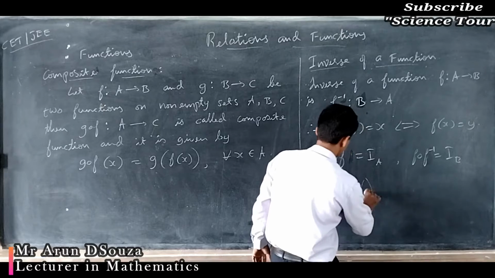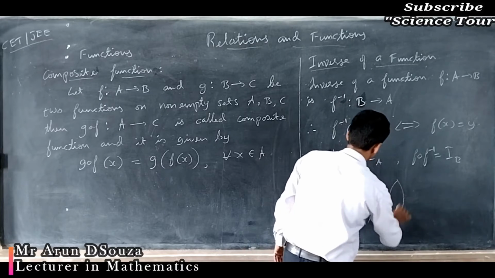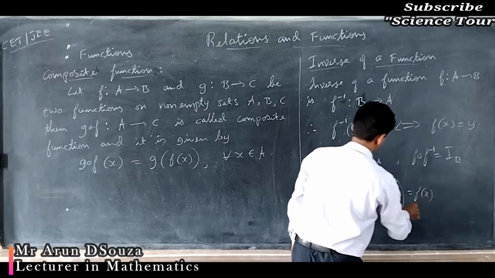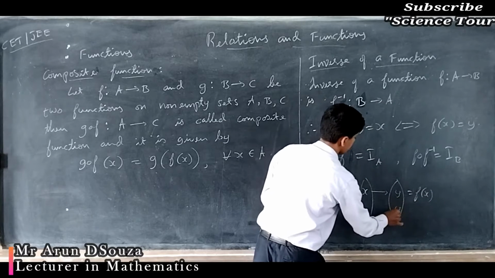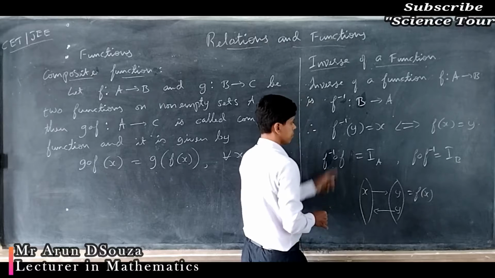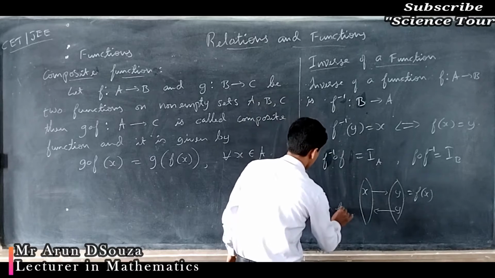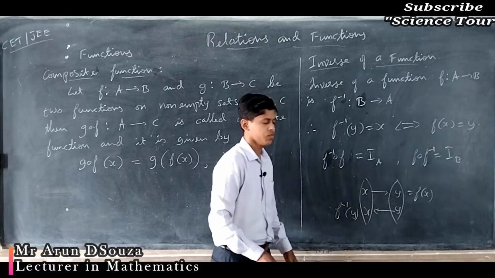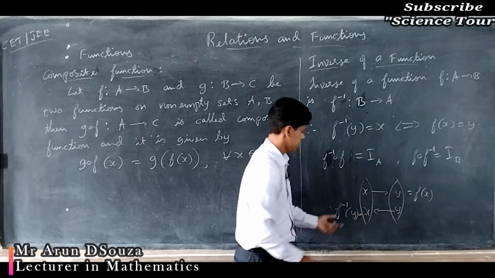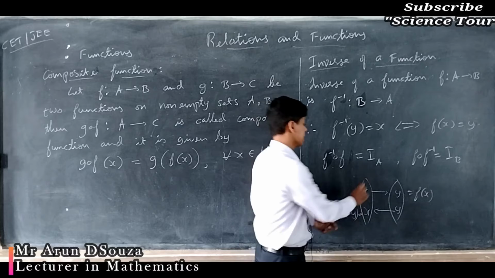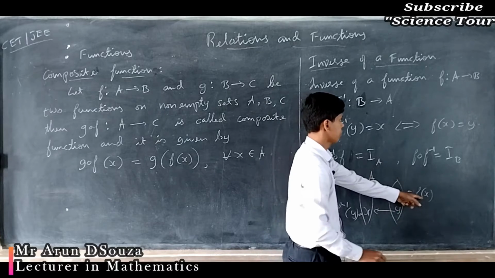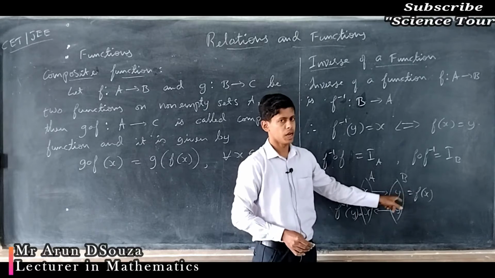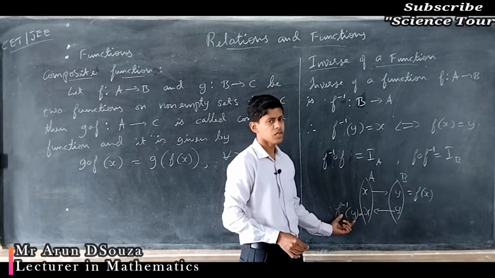Let's understand graphically. You have the x values here. When you go here you get y, that is f of x. So that same y, when it comes here, it becomes f inverse of y, and what is it? x itself. So f inverse of y is in A and f of x is in B. f of x is nothing but y, x is nothing but f inverse of y.